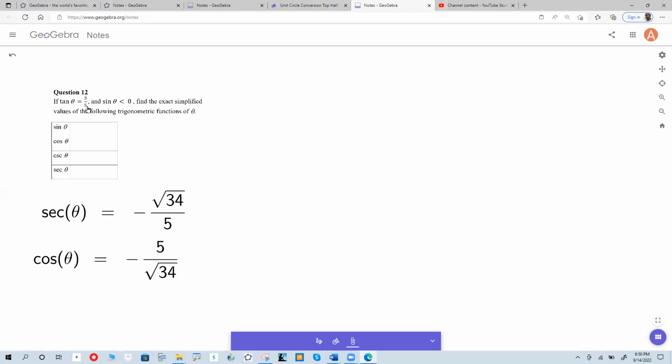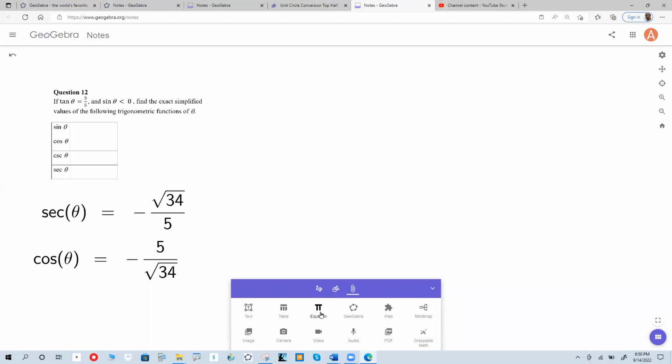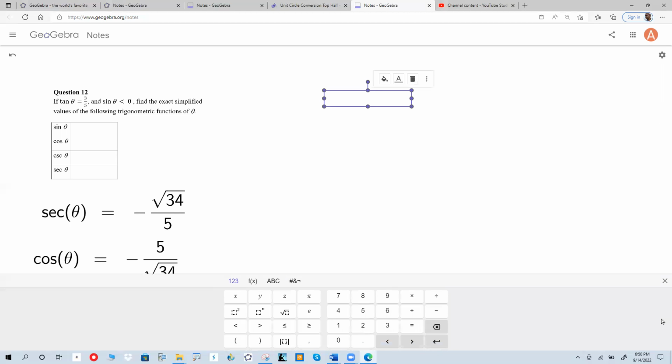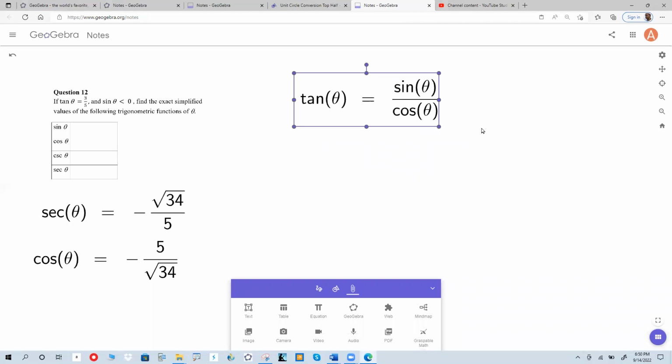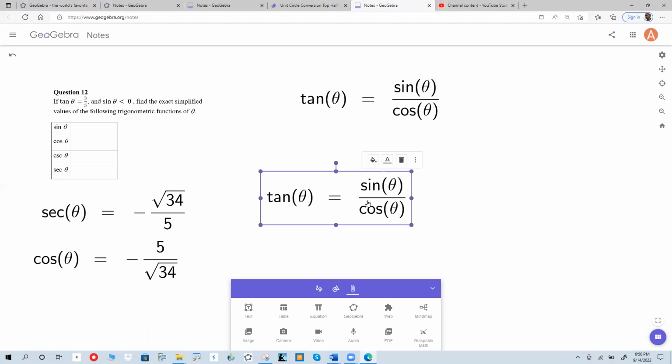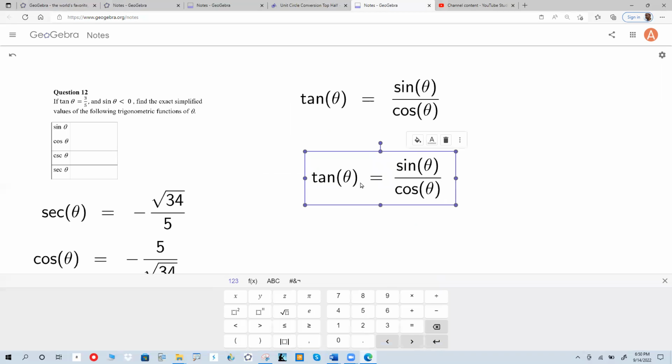So tan theta is 3 over 5. So I'm going to write the original formula. Tan theta is equal to sine theta divided by cosine theta. Now, I know two of the items here. I know tan theta is 3/5.